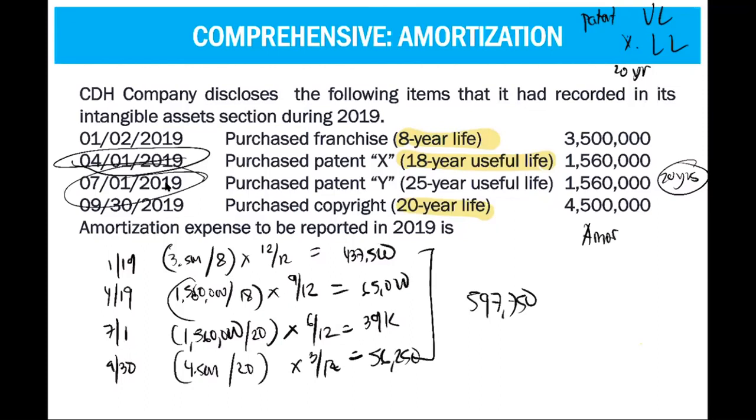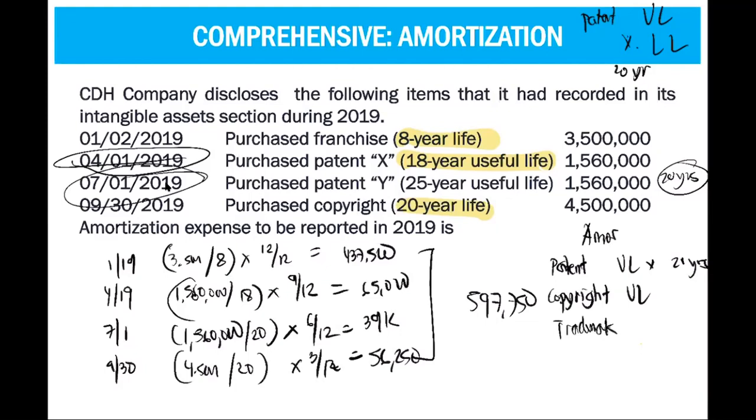Okay, so let's memorize the rules on the amortization. What are the different items that we have already finished? We have your patent. You always compare the useful life versus 20 years. Copyright, if there is a useful life, use the useful life already, because the legal life is the life of the author plus 50 years.